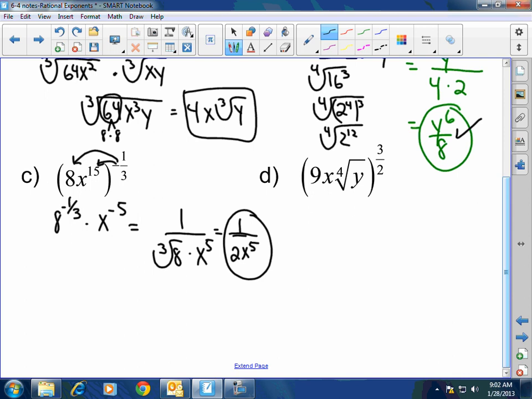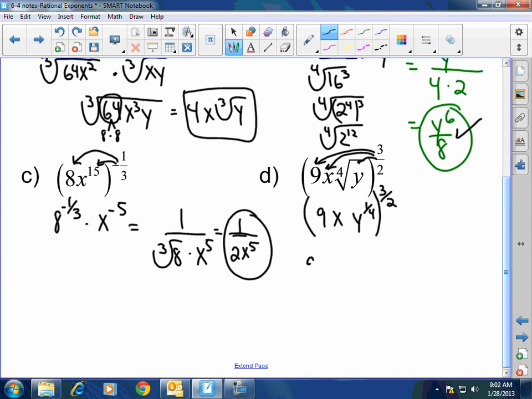Last but not least, remember, distribute to the 9, distribute to the x, distribute to this 4th root of y. So if you want to make your life easier, go ahead and do this. This is 9x y to the 1/4, all to the 3 halves.